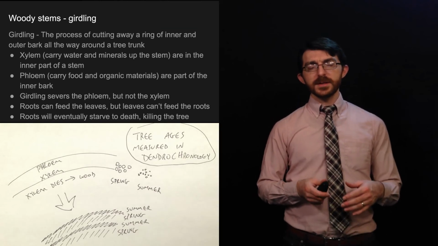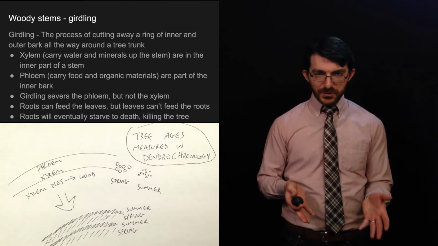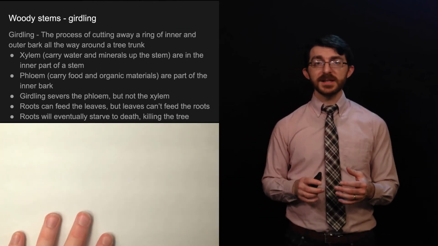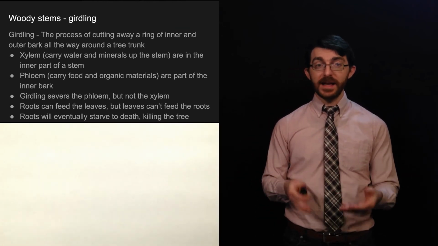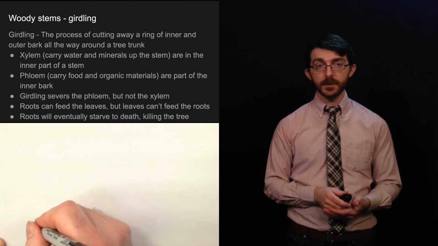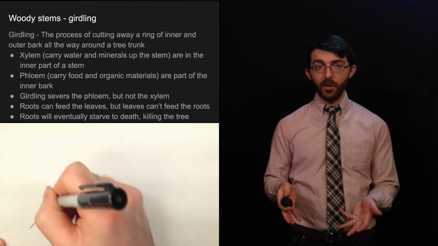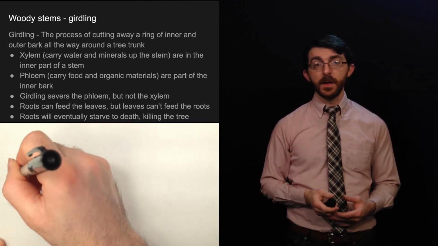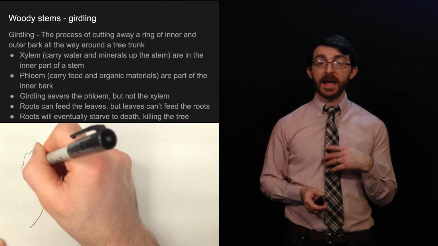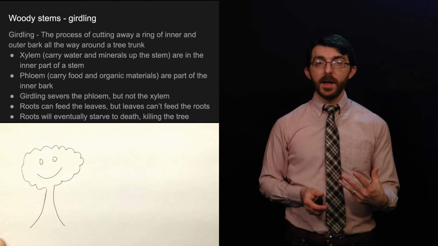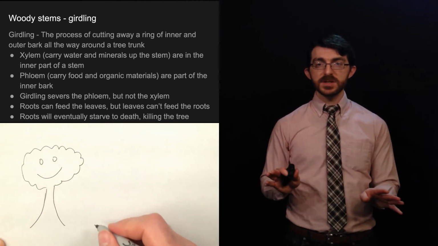So there is something that you can do to woody stems called girdling. Girdling is the process of cutting away a ring of inner and outer bark all the way around a tree trunk. So xylem carry water and minerals up the stem, and they're in the inner part of the stem. The phloem carry food and organic materials, and they're part of the inner bark as well. Girdling severs the phloem.